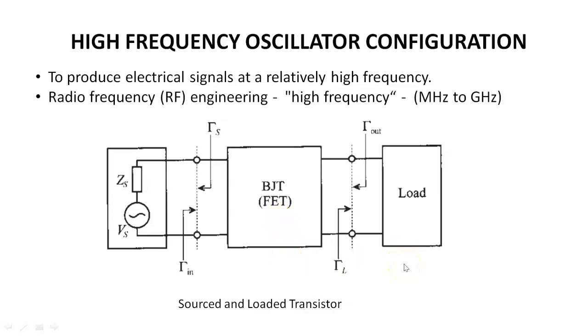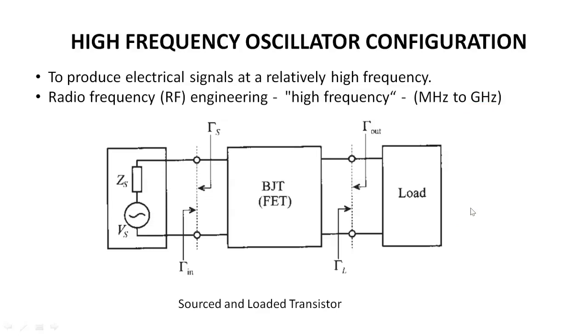As the operating frequency approaches the gigahertz range, the wave nature of the voltages and currents cannot be neglected. The reflection and transmission coefficients and the associated S parameters are required to represent the circuit functionalities.